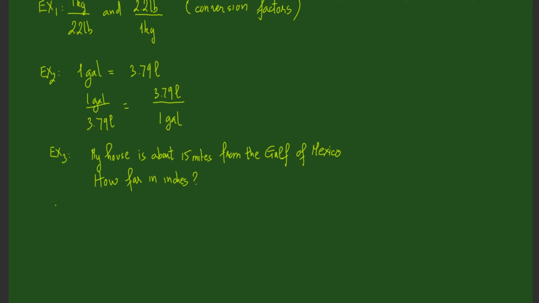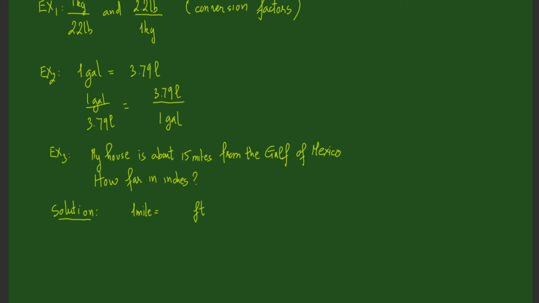Alright, solution. What if you have this type of question, how do we use the conversion factor to convert to inches? First of all, you need to know the relationship between miles and feet.